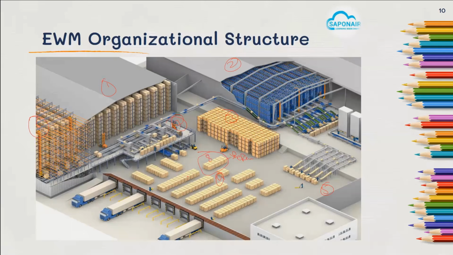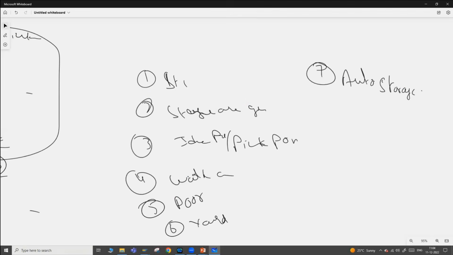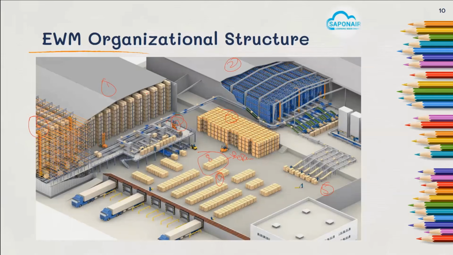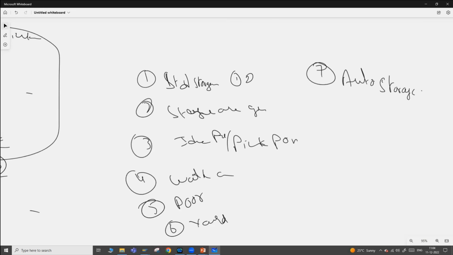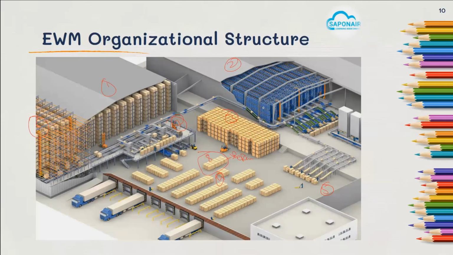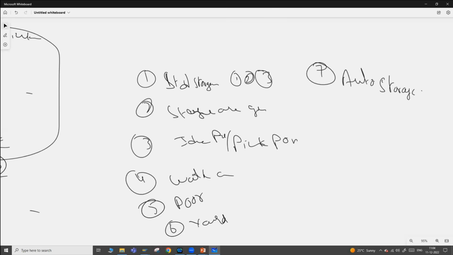Tell me which is a standard storage. Which racks? Can you number it? Yeah, 1, 2, 3 I can write. It's a standard storage where you are permanently placing stock.